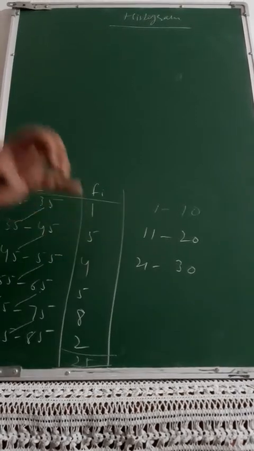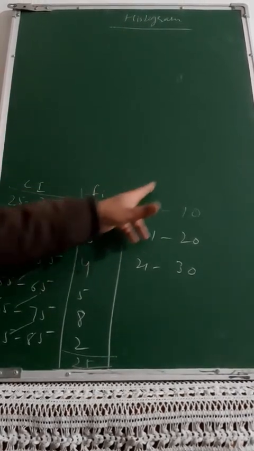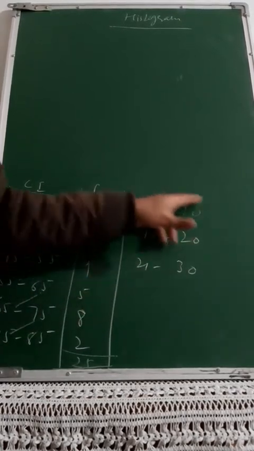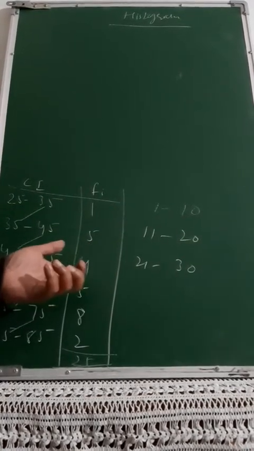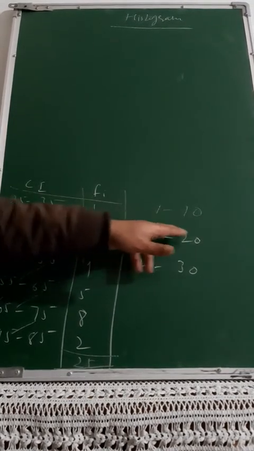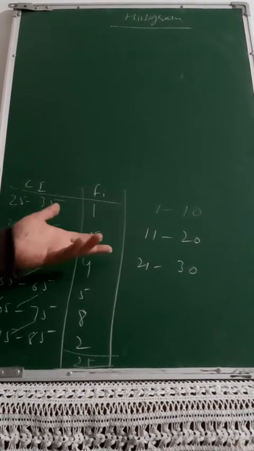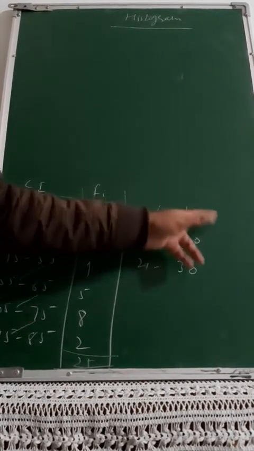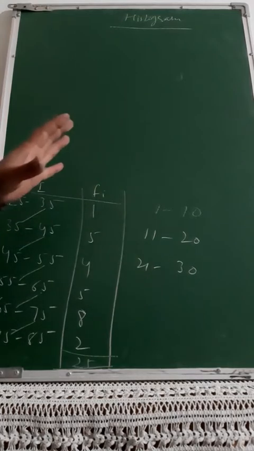Why? Because again you remember, these are not the true class limits. And the reason is very simple. 1 to 10 is there, and then the readings are missing between 10 and 11. No continuity is there. So I will not be able to draw the histogram for such data, and this is called the inclusive form.